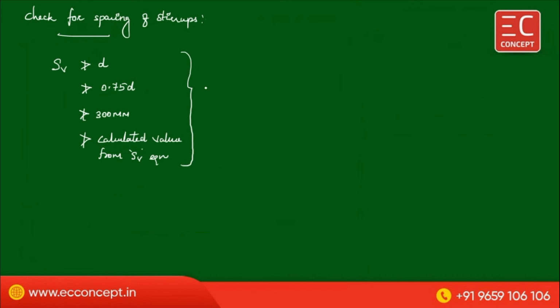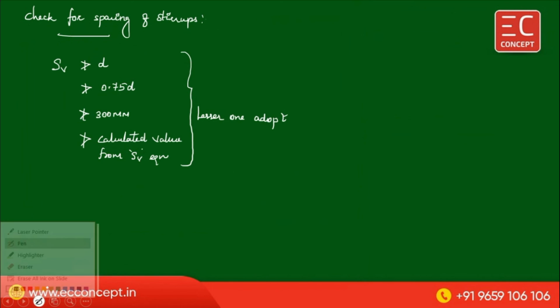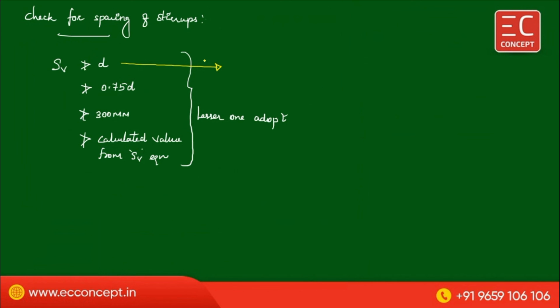Out of these, you have to adopt the lesser one. This D is only for inclined stirrups.